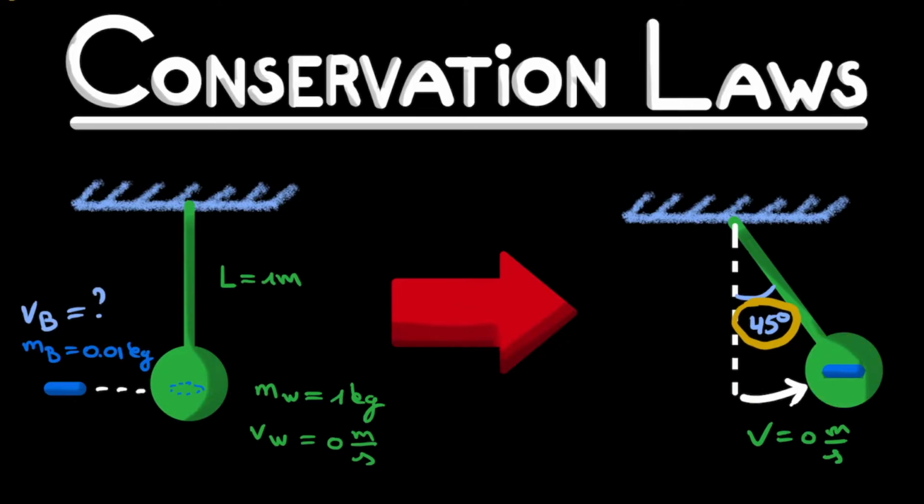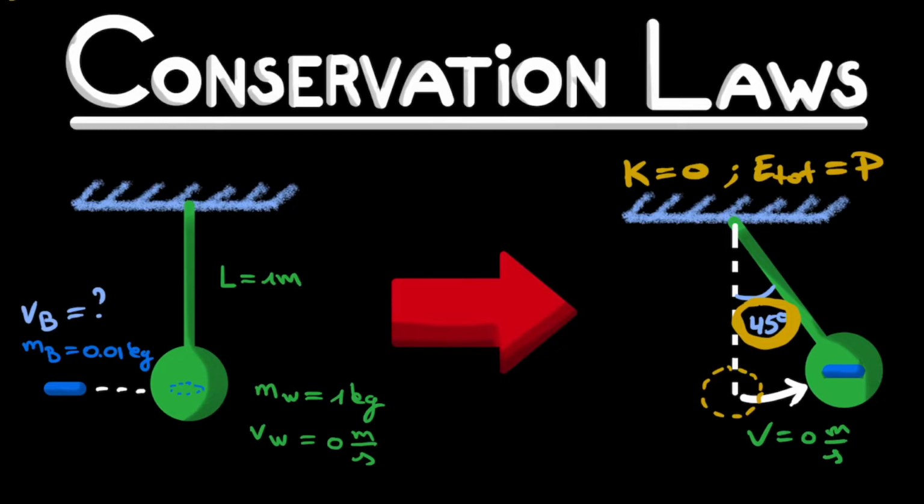Furthermore, we know that in this final position, where we have this maximum displacement, our kinetic energy is equal to 0, since our velocity is equal to 0. This means that our total energy of our system, the bullet and the bag of sand, is completely equal to the potential energy. And this shows that in this case, we can use the conservation of total energy to link this 45 degrees with the total velocity of our object right after the impact.